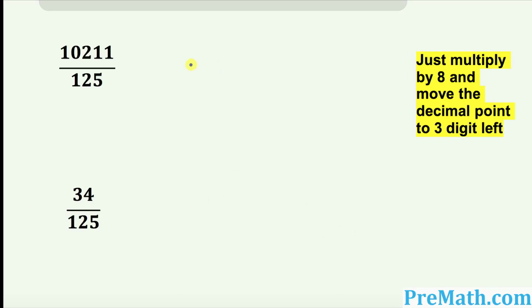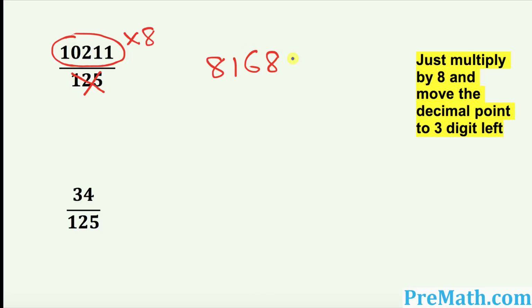And finally, look at this example. This time we are dividing this example by 125. Once again, do not divide by 125. Whenever this is the case, this time we will be multiplying by 8. Always multiply by 8. Once you multiply this one by 8, that's gonna give you what? 81688.